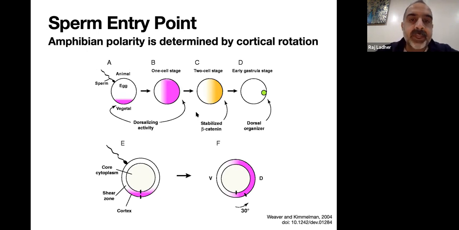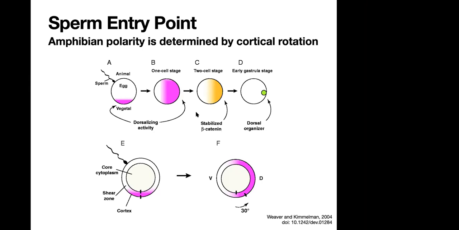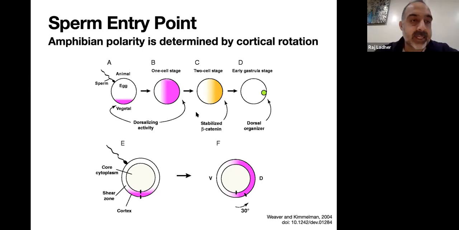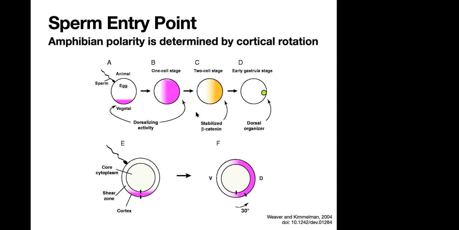Can anyone tell me what's going on here? The position of sperm entry will determine what is the dorsal side. Yeah, exactly. Thanks, Anandita.